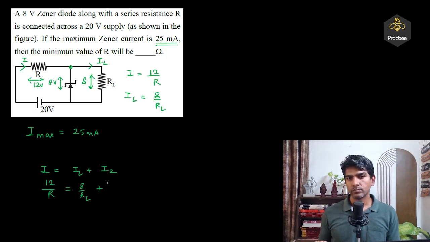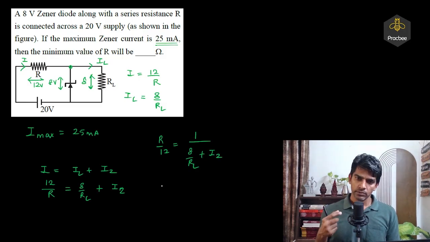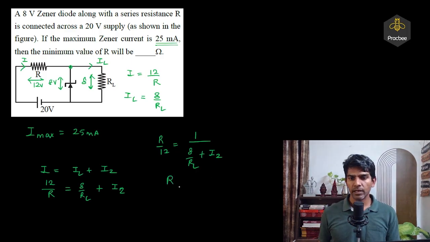It can vary from say 0 to 25 milliampere, right? And we have to find the minimum value. So obviously the minimum value of R, okay, let me write down. So R by 12 can be written as 1 over 8 over RL plus IZ. So if I want to minimize R, we have to maximize IZ. So we can say R will be 12 over 8 by RL plus IZ will be 25 milli.